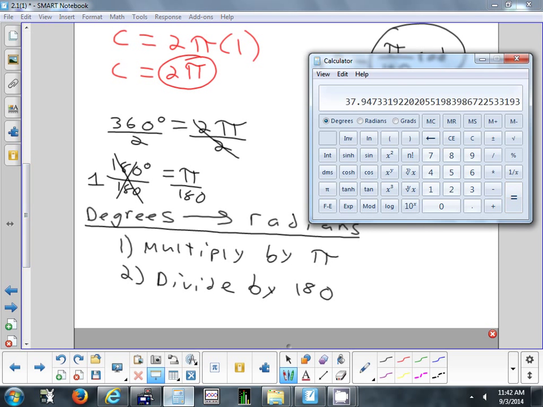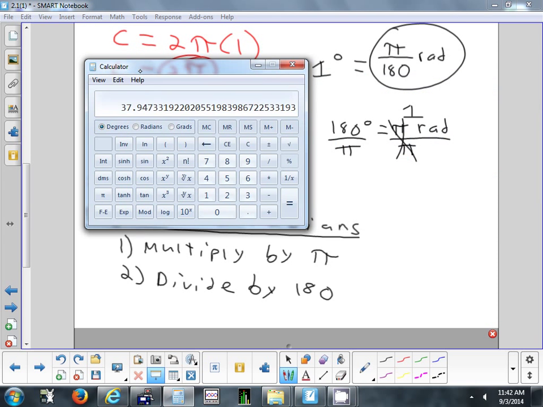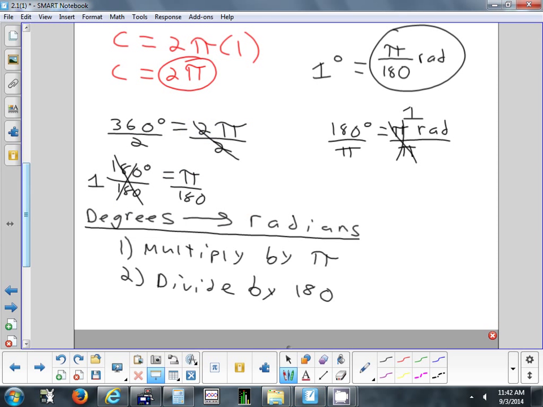So I told you earlier I'd give you a number for that. 1 radian is about 57.3 degrees, roughly. And if you wanted to know how many degrees 6 radians is, multiply the right side by 6, multiply the left side by 6, and then you'd have a formula for 6 radians.